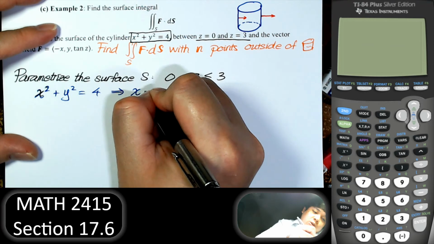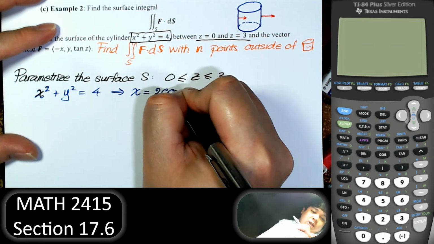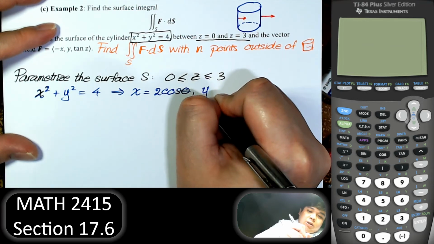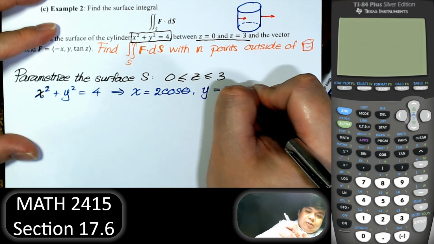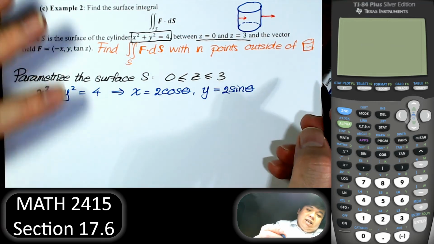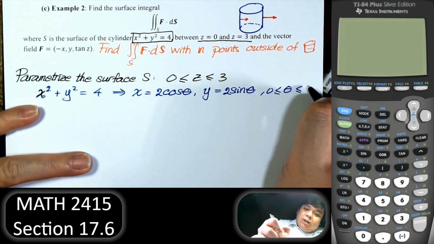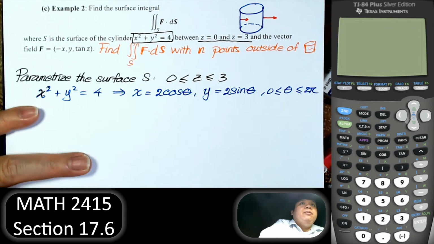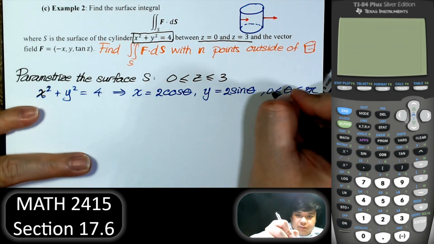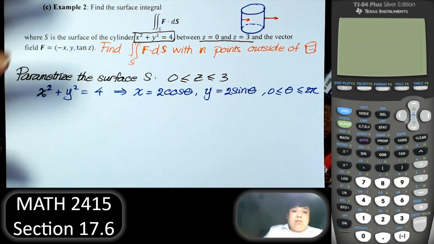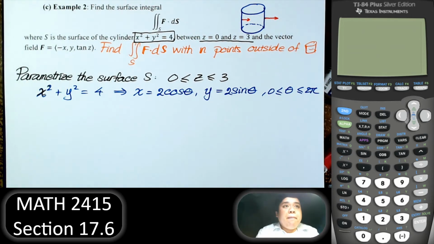So x equals 2 cosine theta, y equals 2 sine theta, and then z, with theta from 0 to 2 pi.